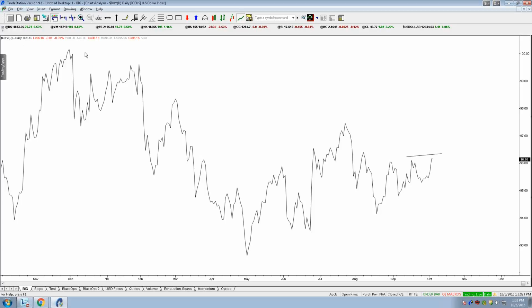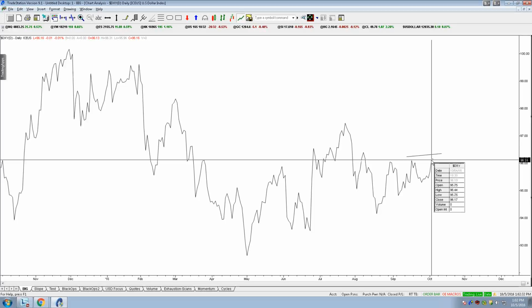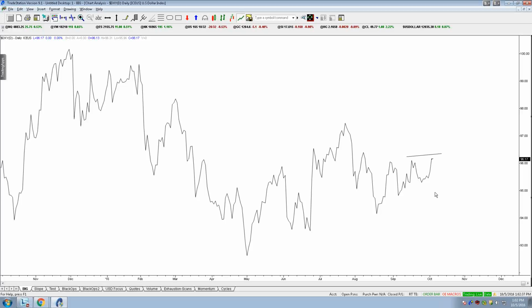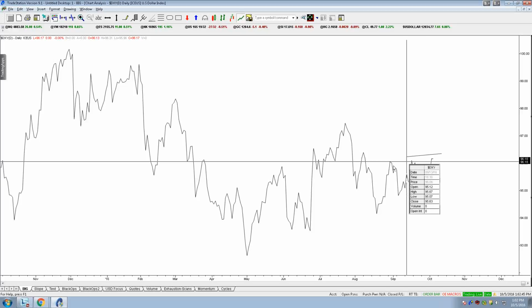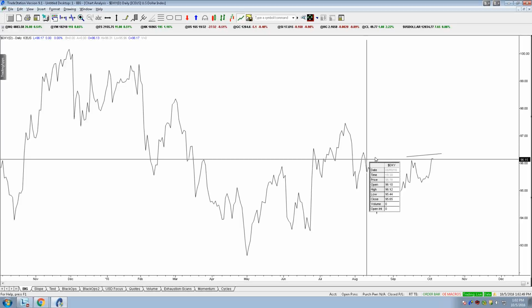This is the ICE dollar index on a daily closing basis, and yesterday you had a new closing high. I prefer to look at closing prices when looking at divergence or potential non-confirmations. You have a new high, basically, since August in the dollar index.